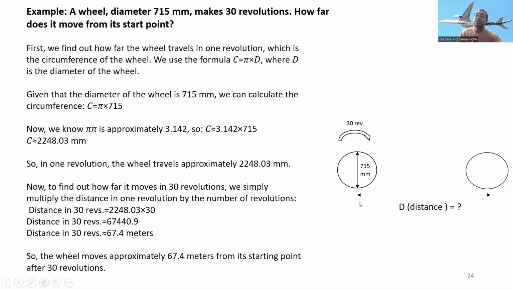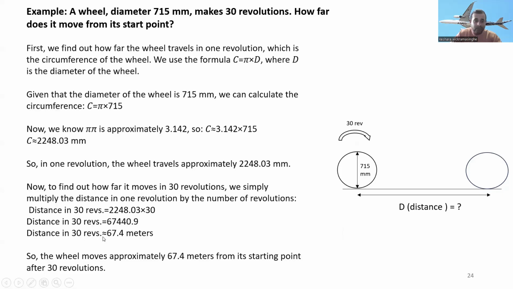Now we have to calculate how many millimeters it travels in 30 revolutions. We simply multiply the distance in one revolution by the number of revolutions. So the distance in 30 revolutions is 2248.03 times 30, which gives 67,440.9.